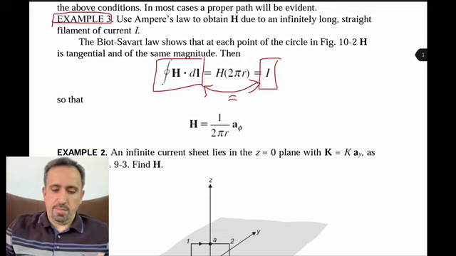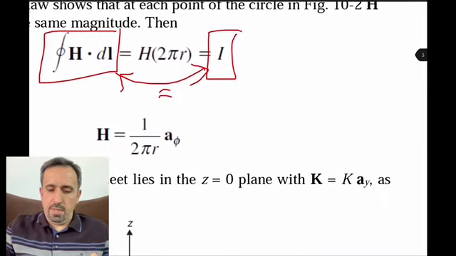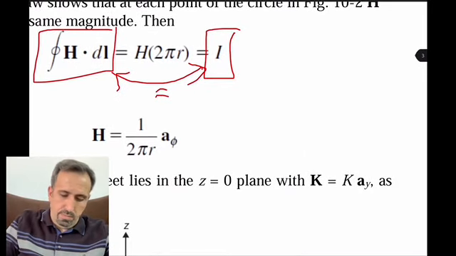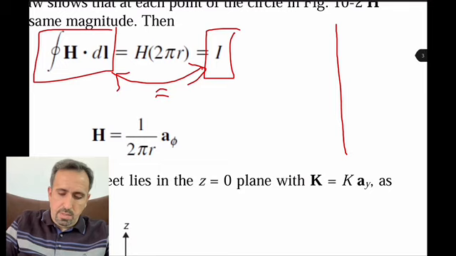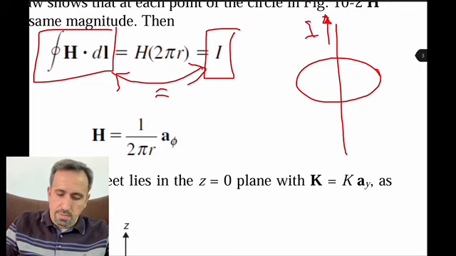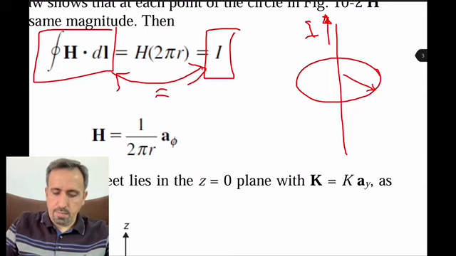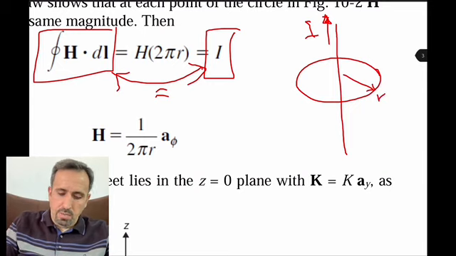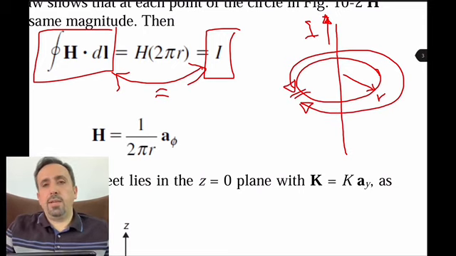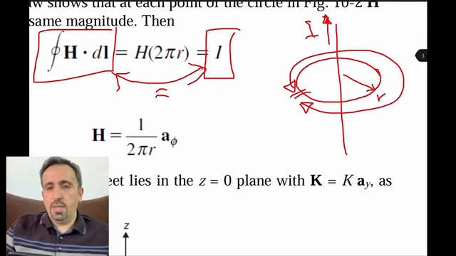If I make some discussion here, assume this is the line and this is the Ampere path, and you have a current passing through it, which is I, and you have a radius, for example R. Then how much will be the total length of this path?